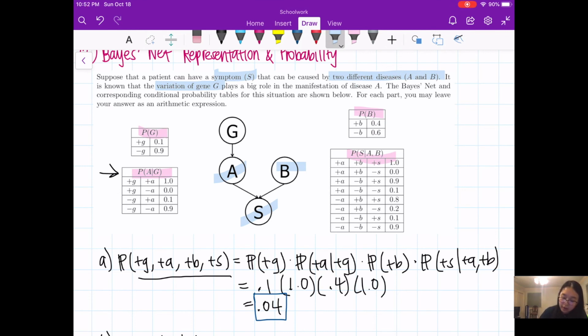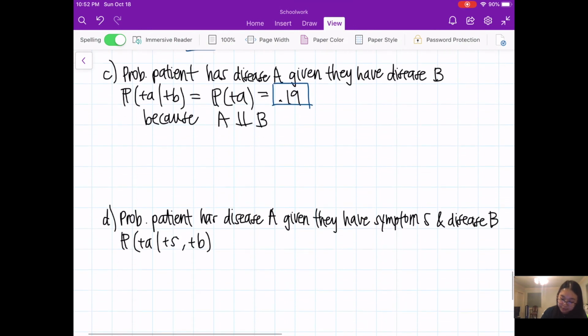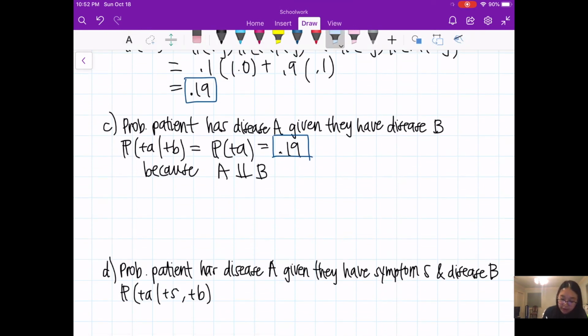A good probability trick, whenever we have a given probability, is to consider the situation where all of them are true versus the different options. So what that means is that we can take the probability of plus A, plus S, and plus B, so the joint probability. And then we can divide by the situations where we may not necessarily have plus A, but we are sure that plus S and plus B are true.